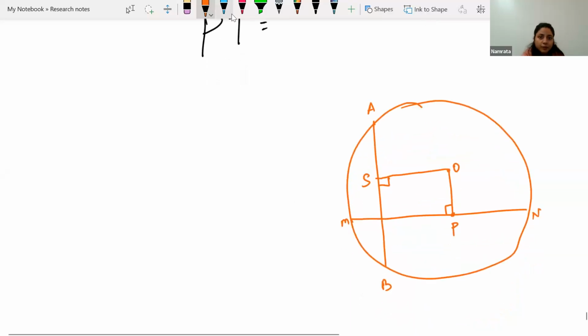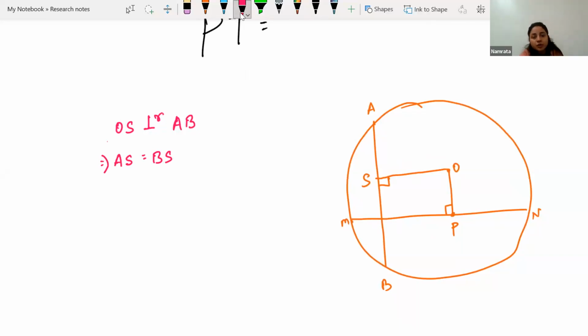Let's write it properly. Since OS is perpendicular to chord AB, therefore AS will be equal to BS. A perpendicular dropped on the chord from the center bisects the chord. That theorem we are using.